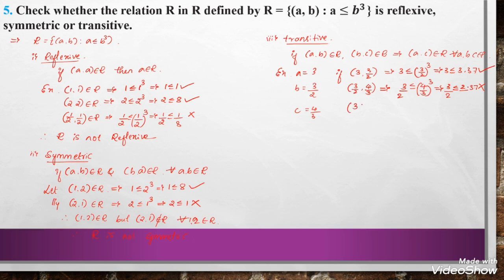Similarly, for the first element, 3 is not less than or equal to (4 by 3) cube. The condition is not satisfied.